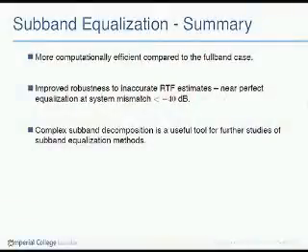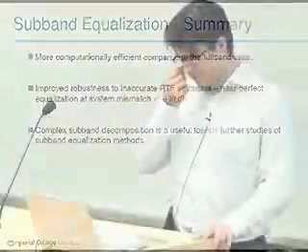And again, to just summarize this bit of the talk, I think the key points with this subband equalizer are that you get a more efficient version of an equalizer, and you can improve your robustness to noisy estimates of your impulse responses, and you can get quite near perfect equalization at mismatches of smaller than minus 40 dB.